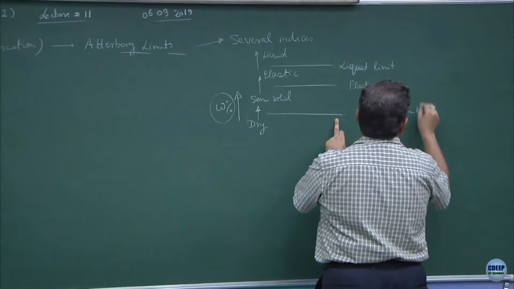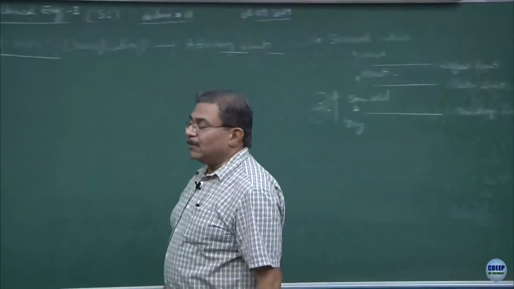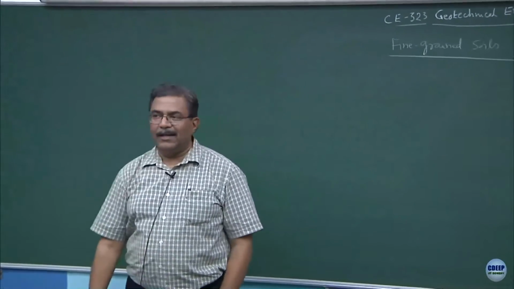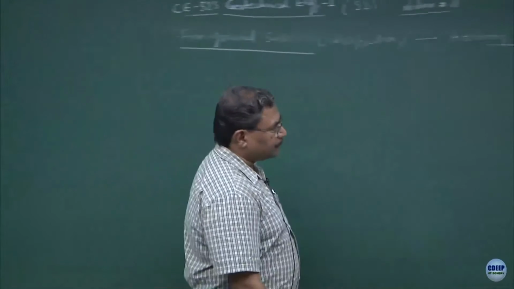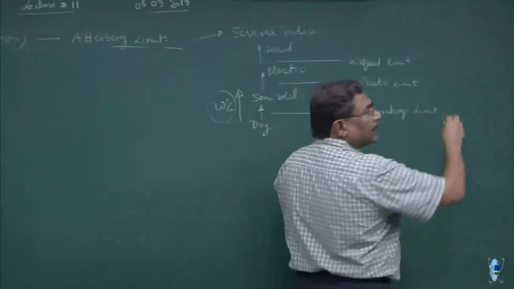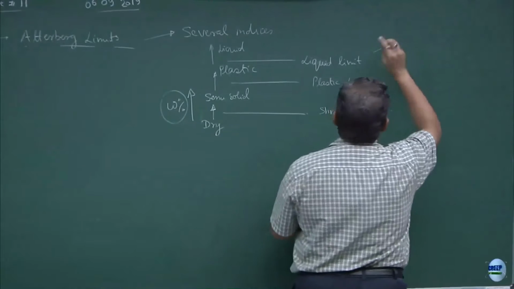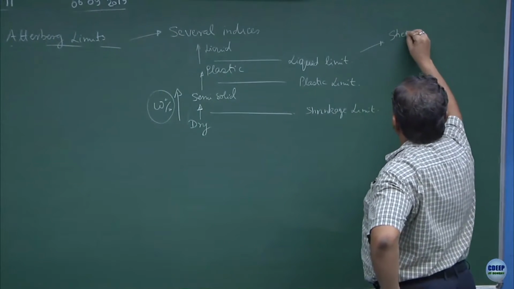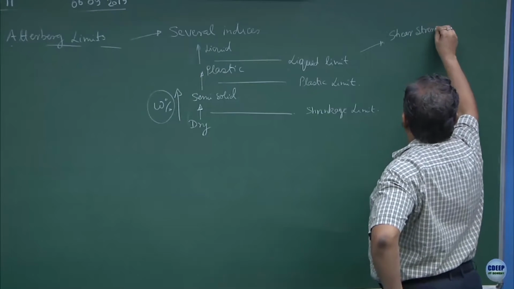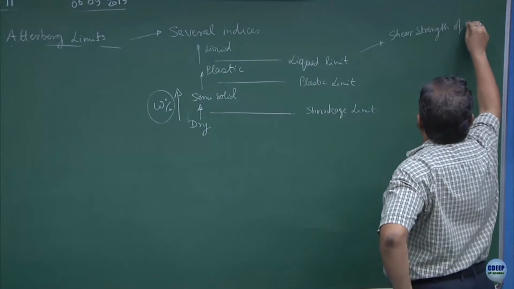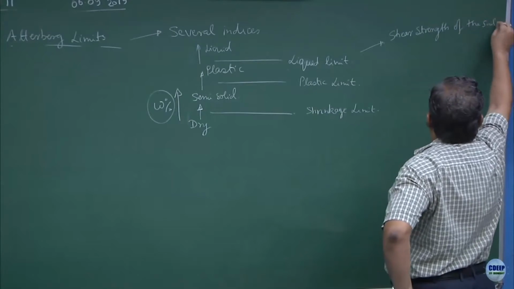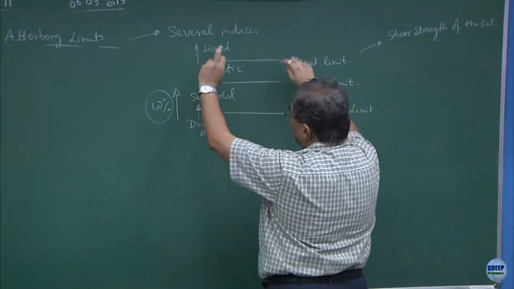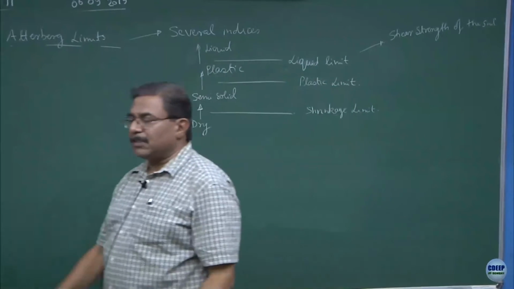Though these indices look very primitive, they have a lot of applications in science and technology. In the second course, when I will be teaching, we will be talking about shear strength. The liquid limit is the limit of moisture content beyond which the system starts flowing.